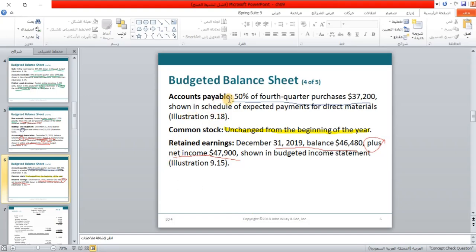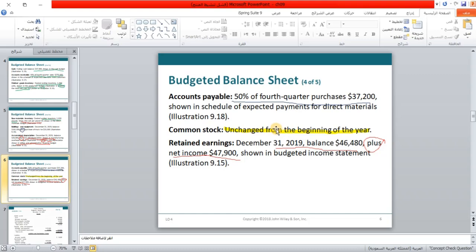Accounts payable: 50% of the first quarter purchases, 37,200, shown in the schedule of expected payments for direct materials. Common stock is unchanged from the beginning of the year.